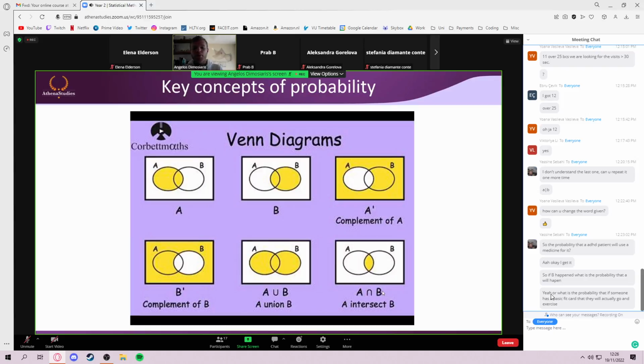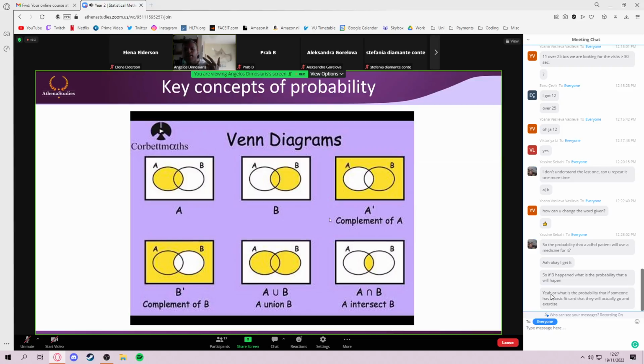But when we talk about and, so here it's the probability that events A and B happen, we talk about the common part, right? Because we want both A and B to happen. And the only space that we care about is the intersect. That's how it's called.